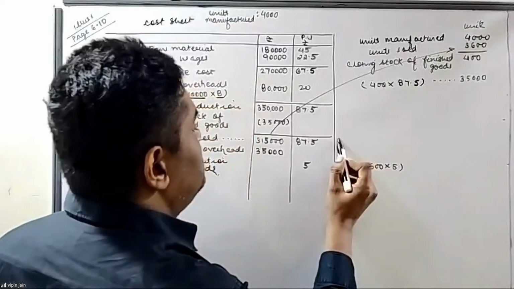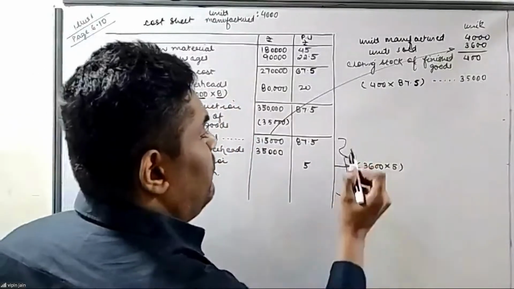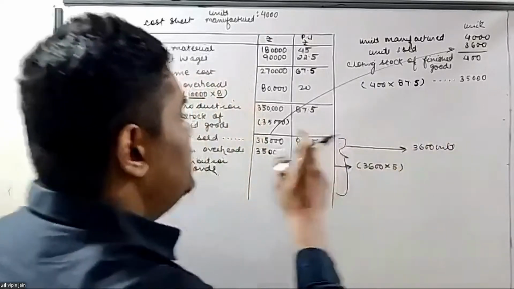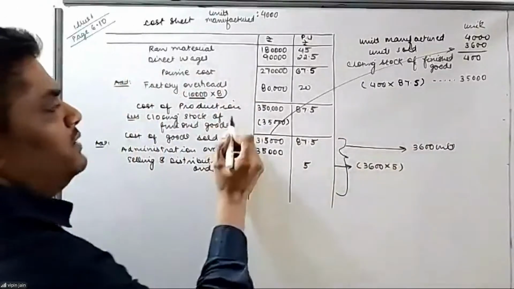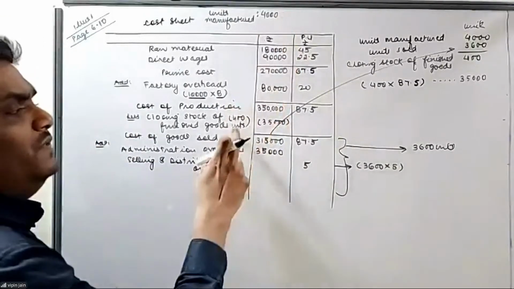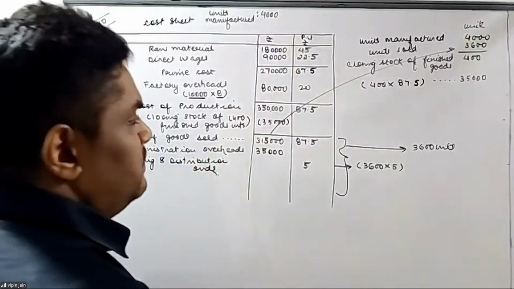From here onwards, 3,600 units will come into picture, because we have removed the effect of 400 units. Out of 4,000 units, we have already subtracted 400 units.